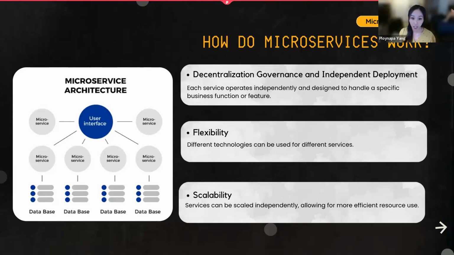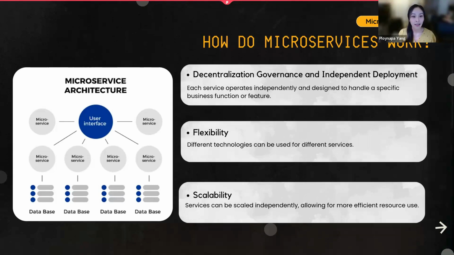Flexibility: different technologies can be used for different services. This means that different programming languages, frameworks, and databases can be chosen based on the specific requirements of each microservice. Each team will have the flexibility to use the best tool for their respective functions.